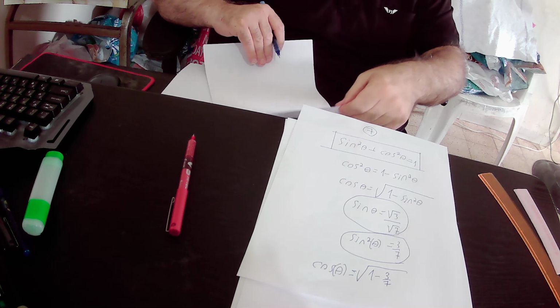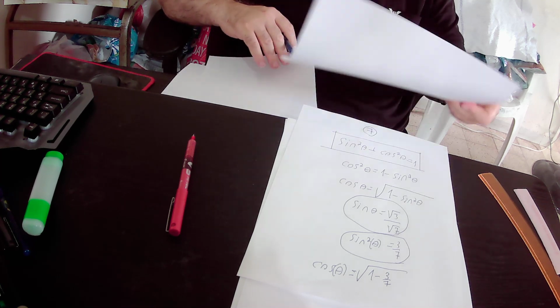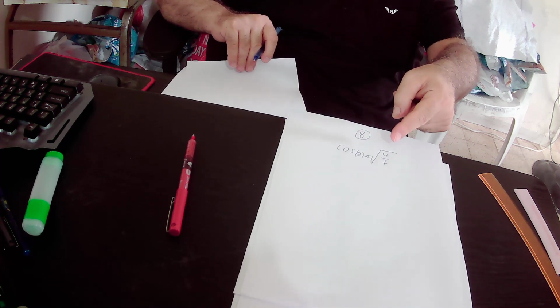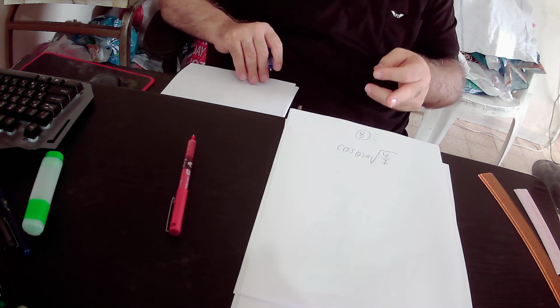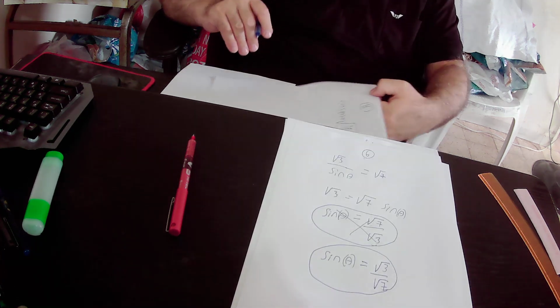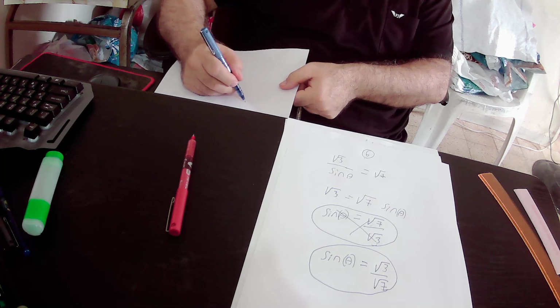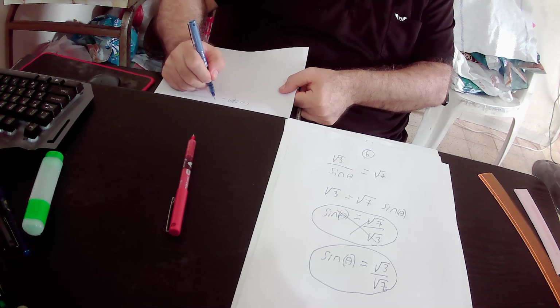So we actually got that the value of cosine theta equals the root of 4 over 7. But the root of 4 is 2, so cosine theta will be equal to 2 over root of 7.